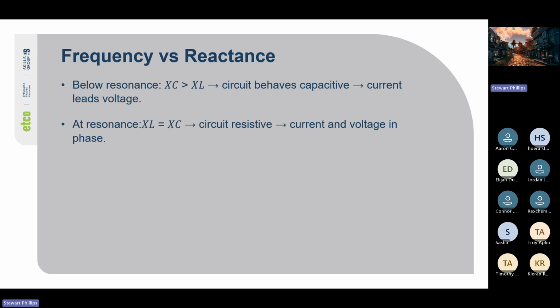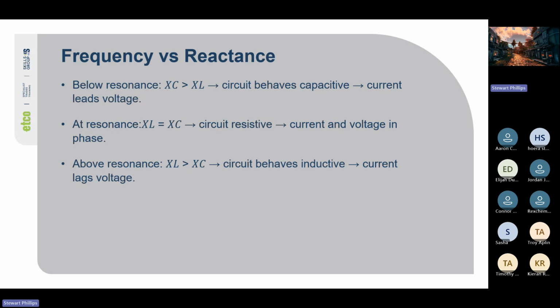At resonance, we have XL equals XC, and the circuit is resistive, and the current and voltage are in phase. Above resonance, we've swapped XL and XC, so XL is bigger. Our circuit behaves inductively, and our current lags the voltage. So always remember that the resistance line is also considered our resonance line.